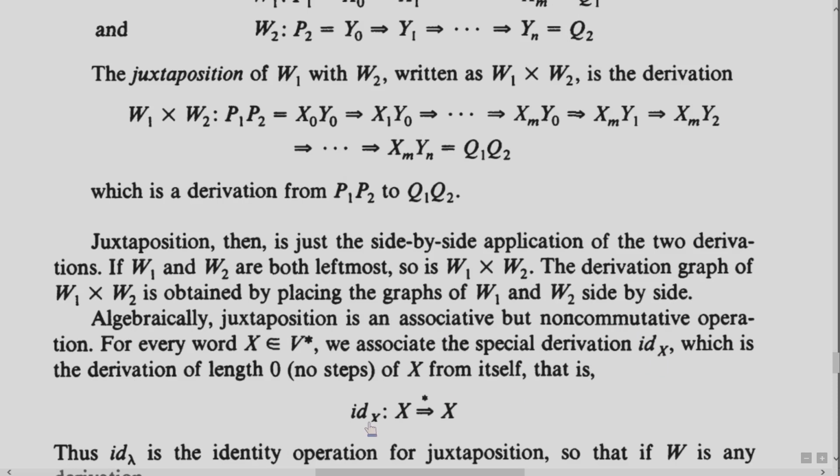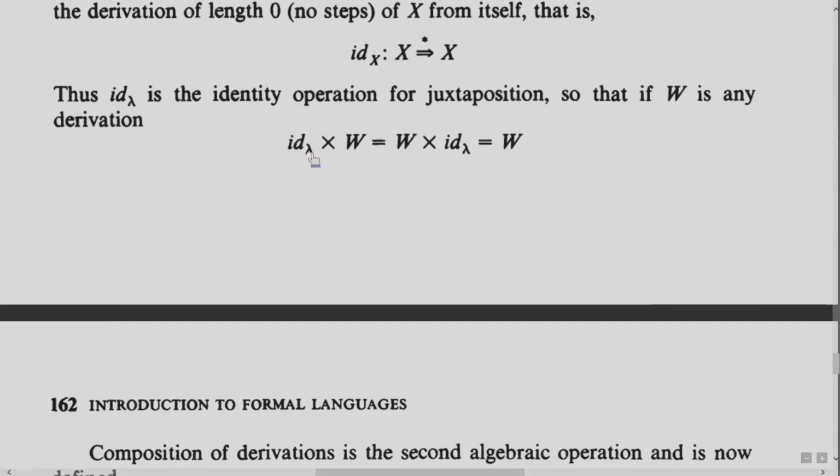Identity element means if we apply juxtaposition of any string with the identity element, it does not change at all. For example, if you apply the identity element on x, after replacement it will be unchanged as x. So an identity element also exists. So juxtaposition is associative, juxtaposition is not commutative, and juxtaposition contains an identity element.